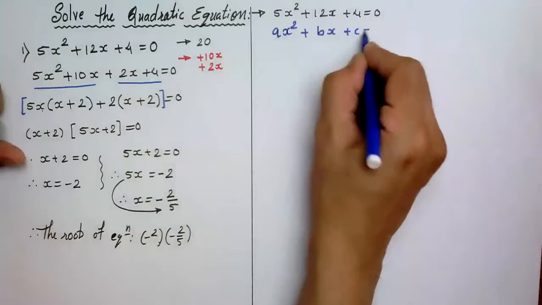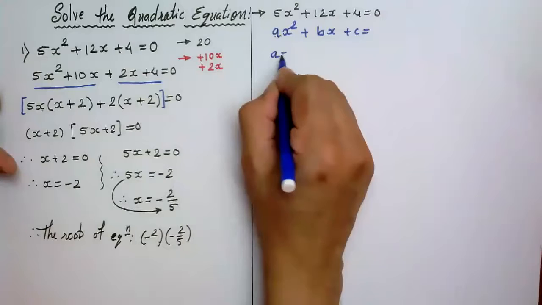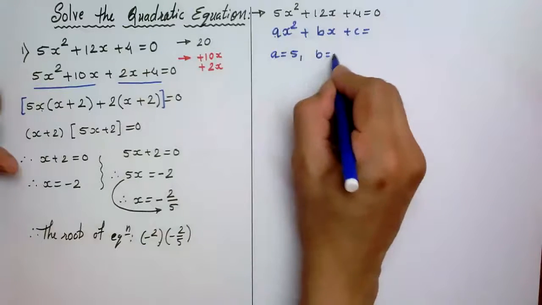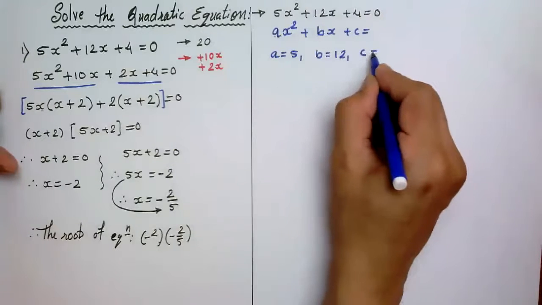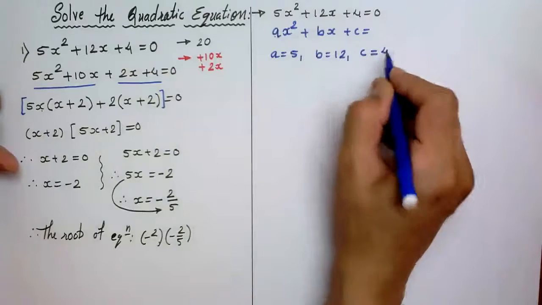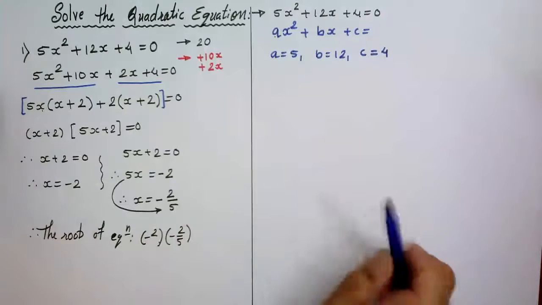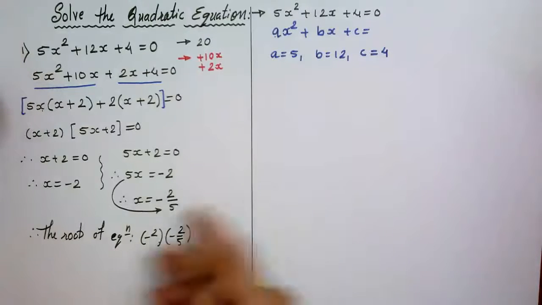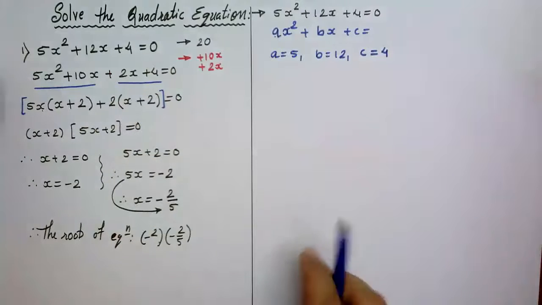By comparison, you will get a is equal to 5, b is equal to 12, and c is equal to 4. Okay. Now, I am going to give you a formula that will easily solve this quadratic equation. You will directly get the solution. No need of this type of factorization.